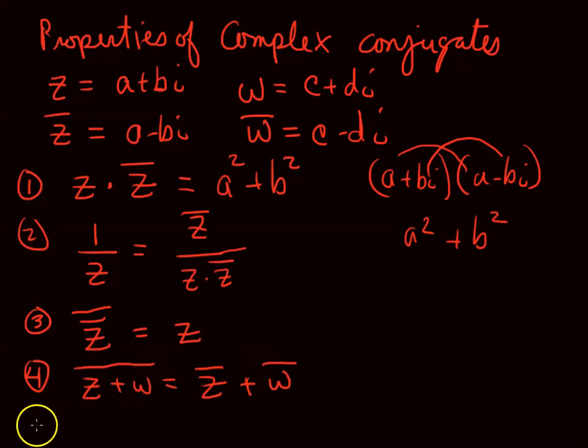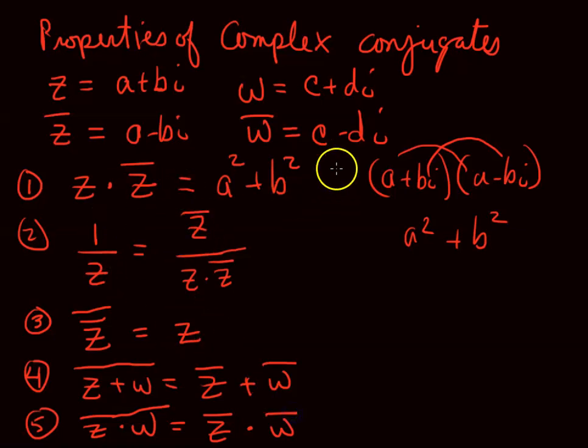And when you multiply, z times w bar is z bar times w bar. And you can confirm all those by using this a plus bi and a minus bi stuff. I guess we're not going to do that on this. I'll leave that to you. It might be in some of the assignments too.